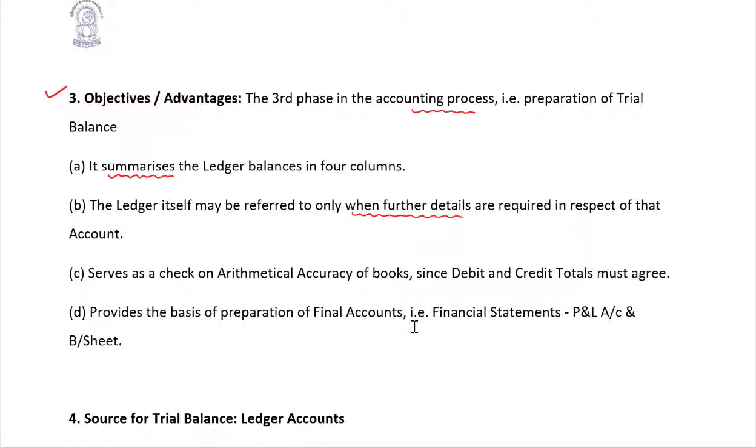So what happens, students? Supposing you had seen the trial balance and you understood that debtor balance is 1 lakh. Now you want to further investigate on this debtor. You should go where? You should go to step 2, that is ledger. This is known as backward integration.